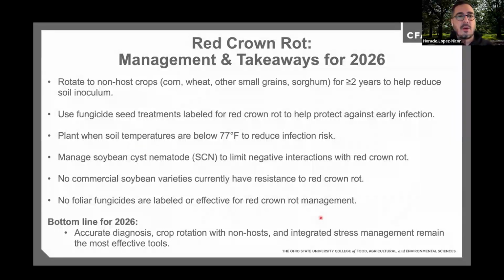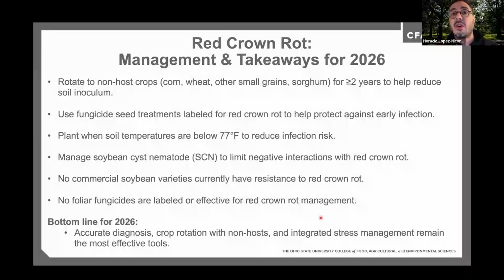So what are we going to do? Accurate diagnosis. There are certain labs, and we are working with these labs and techniques, that will just get the DNA from the tissue of the plant and run what they call species-specific primers. And it will light up if it's positive, if it's red crown rot.